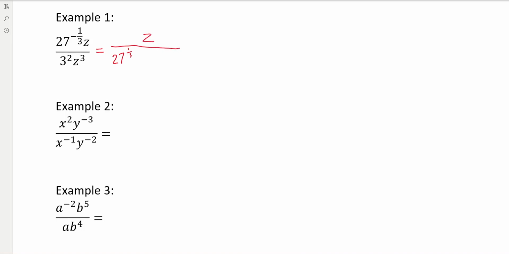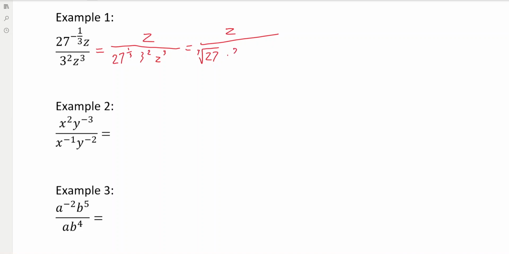Okay, the z will stay on top. The 3 squared z cubed will stay on the bottom. Okay, now what we can do is we can deal with any sort of fractional exponent. So this fractional exponent, we only really deal with them if it's on a number, but in this case it is on a number, and it's a cube root of 27.